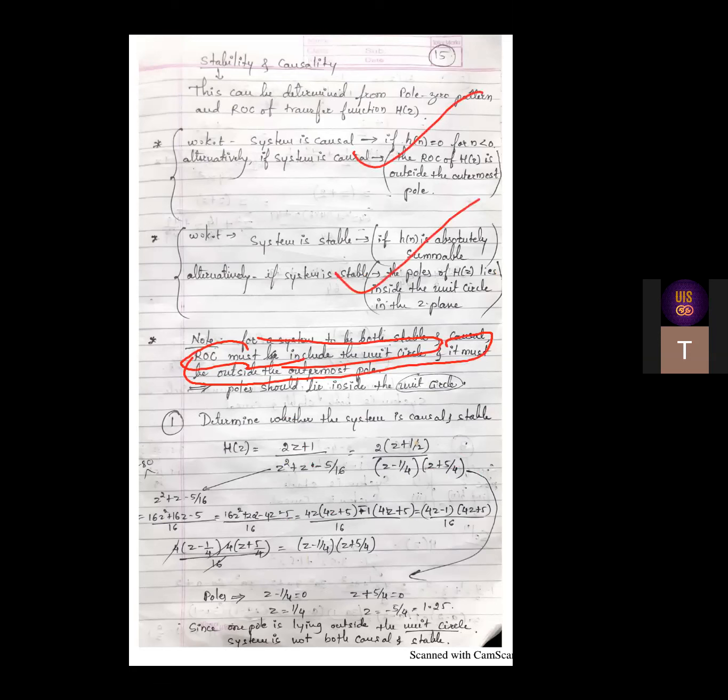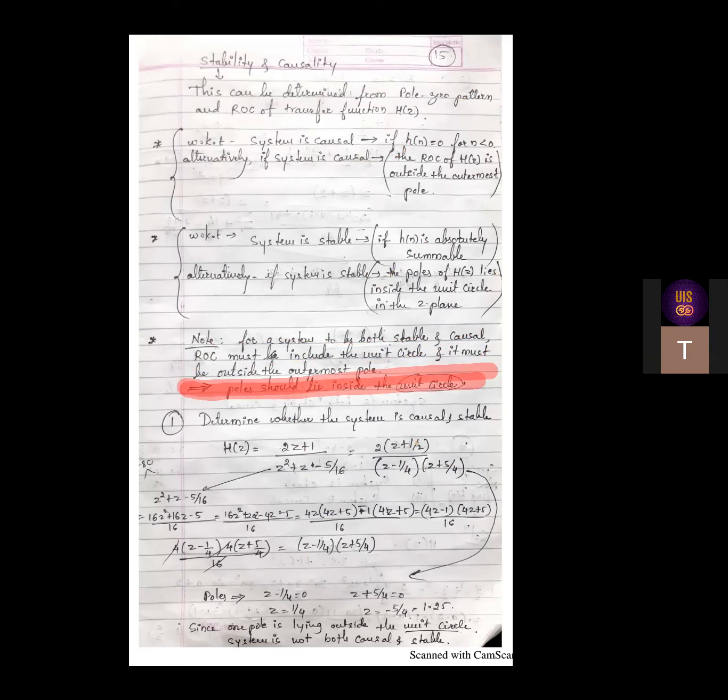These two we should combine, or in one word, we can say the poles should lie inside the unit circle. If this is the case, then the system is both stable and causal. So these three are the conditions. You should remember the condition for causality, for stability, and the third, for both stability and causality.